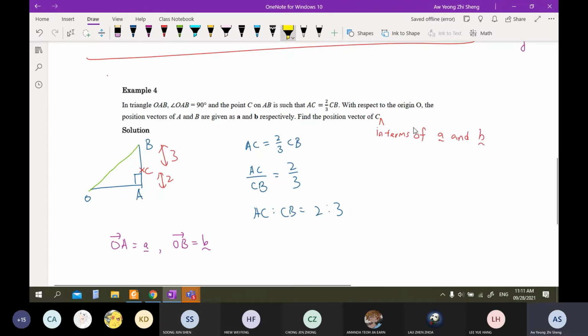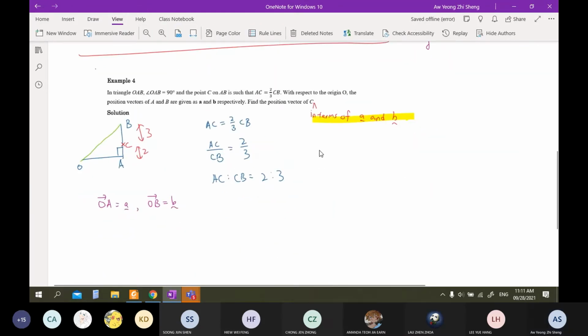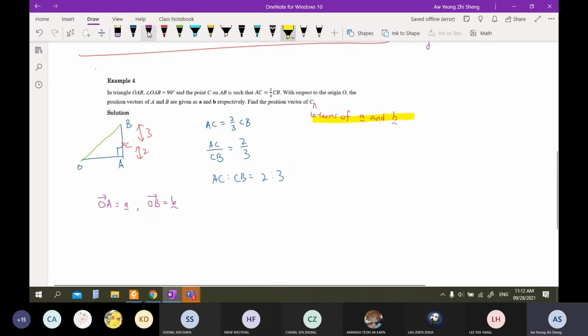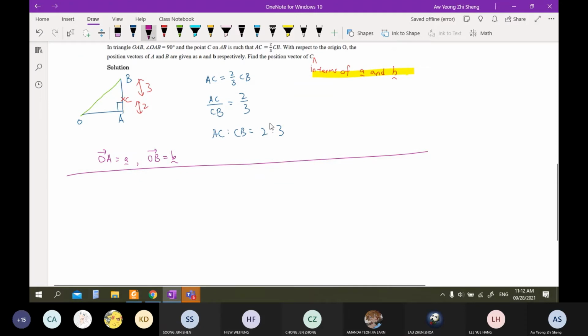So please add in this phrase here. So they want us to get OC, OC in terms of small a and small b.